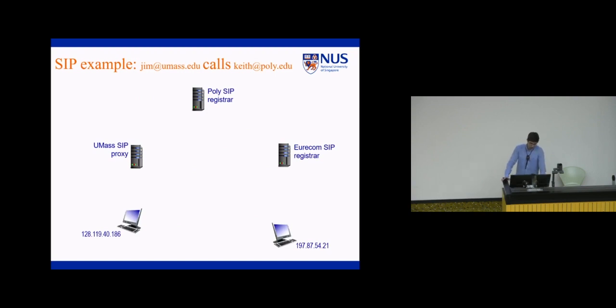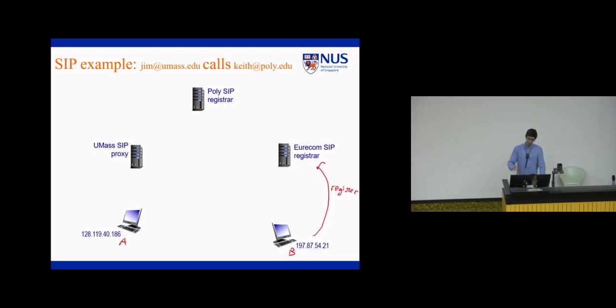Okay, so let's just work it out over an example. Let's say this is perhaps Alice and this is Bob's client devices. And let's assume that Bob's client device is turned on and it registered with the Eurocom SIP registrar. So it already sent a register message to here.